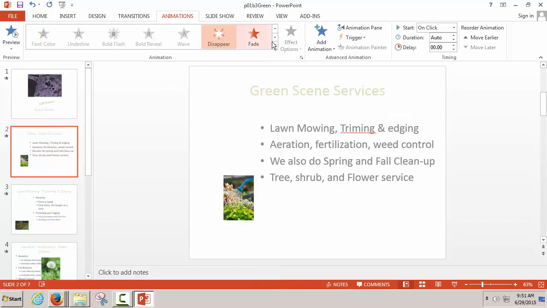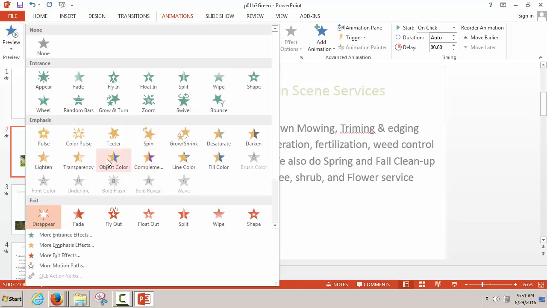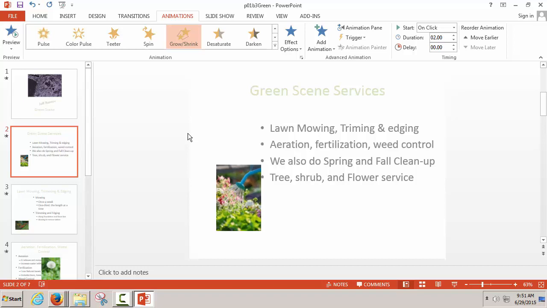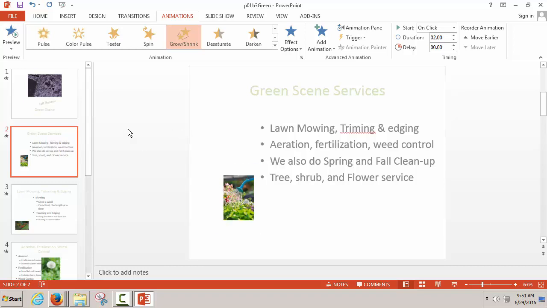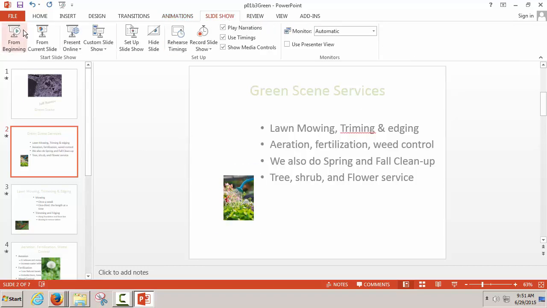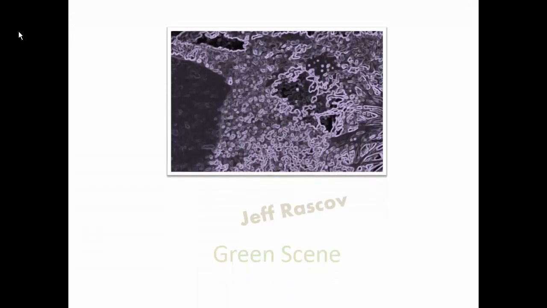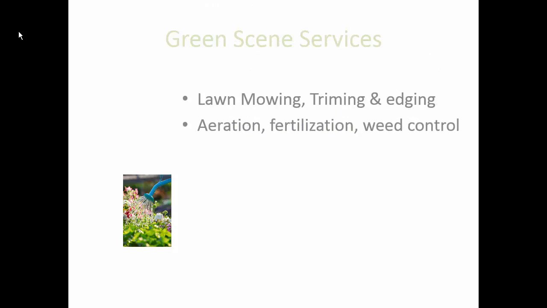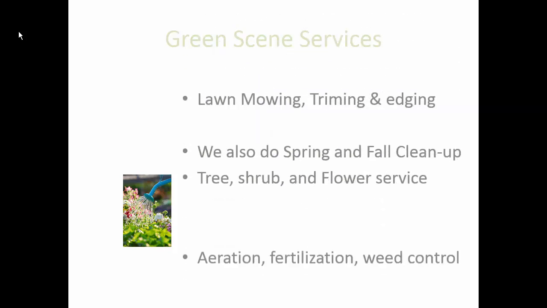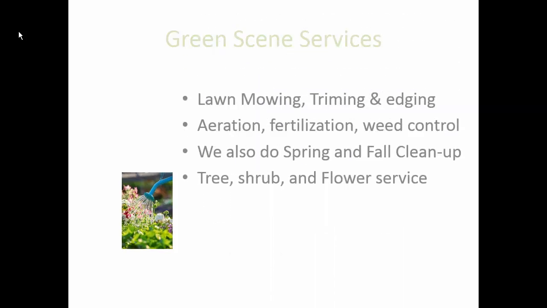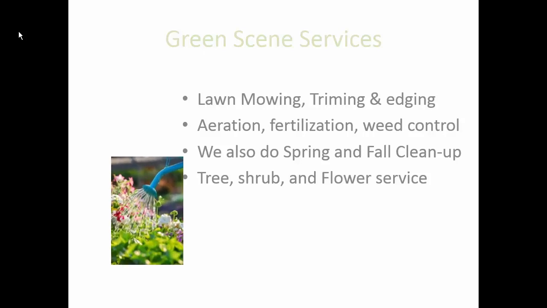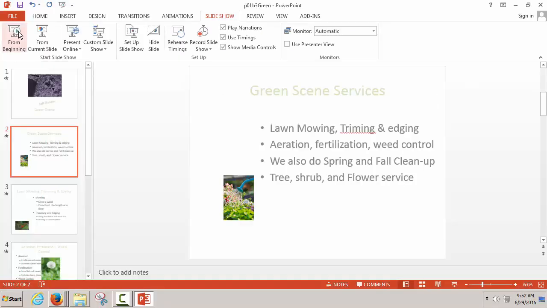Oh, just disappeared. I don't know. Let's see how that works. I just added that. Let's see. So that comes in. I thought it was going to shrink. It just grew. That was it.